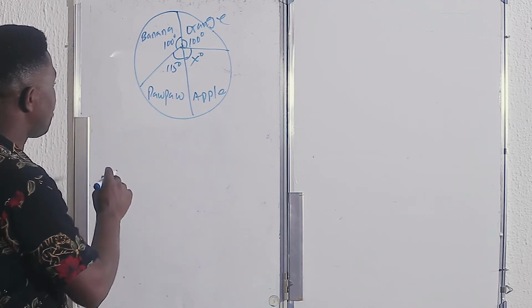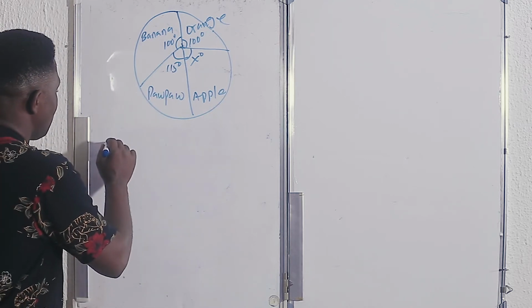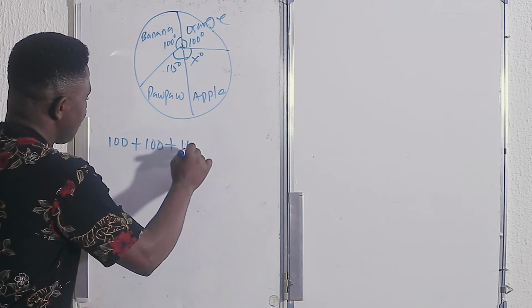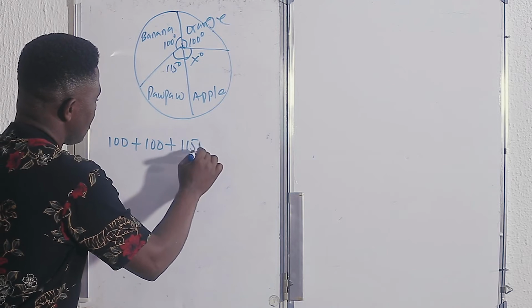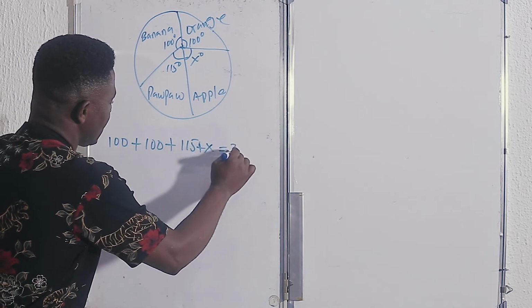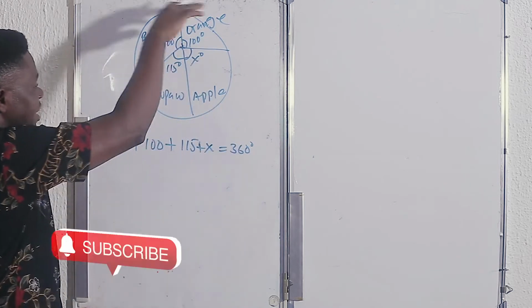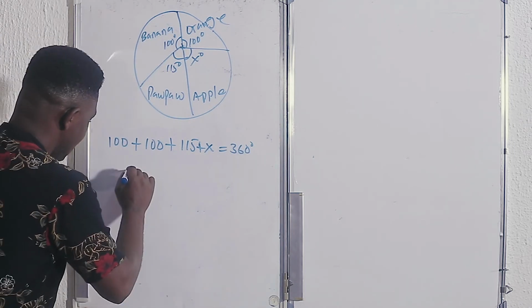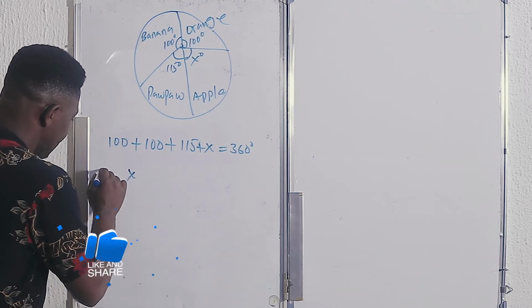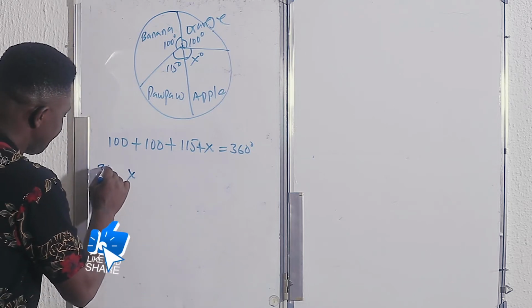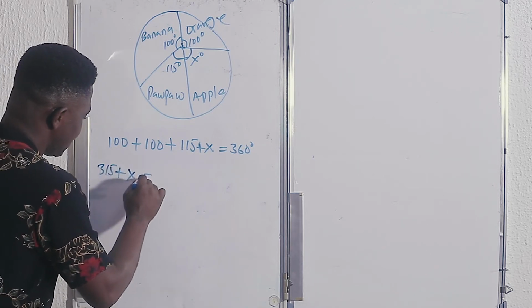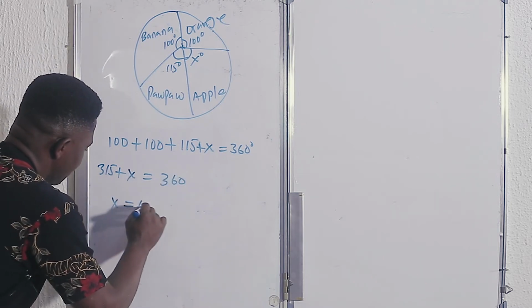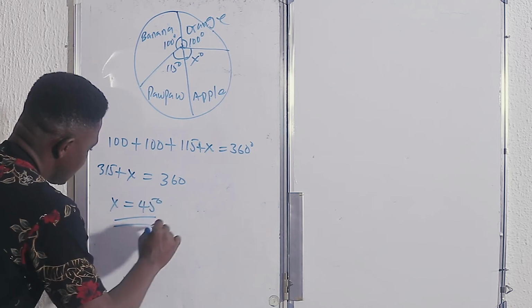But we can find apple by 100 plus 100 plus 115 plus x equal to 360 degrees, because the entire circumference is 360 degrees. So this is going to be 315 plus x equal to 360 degrees. x is going to be 45 degrees.